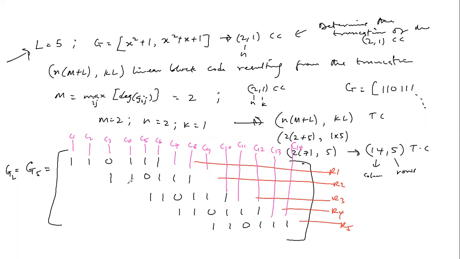Perfect. So we have the truncated (n, k) code.